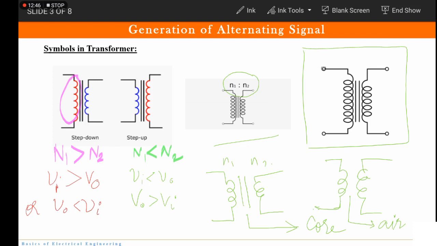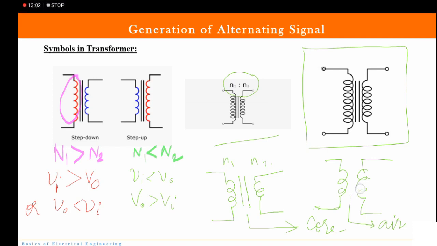Now at the time of distribution, these signals are stepped down, because you cannot give such high voltage to household supply. So at the time of distribution, these voltages are reduced or stepped down to 230 volts.